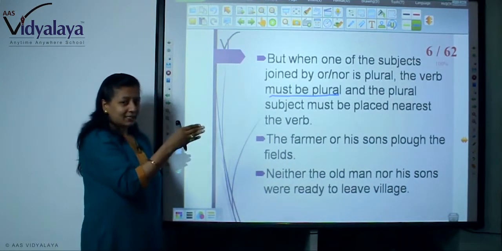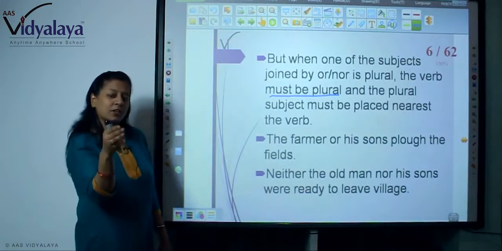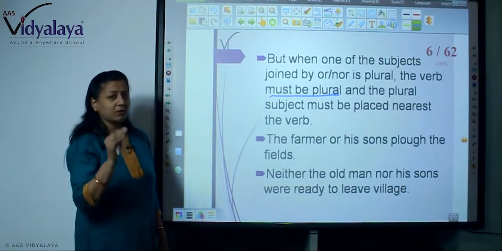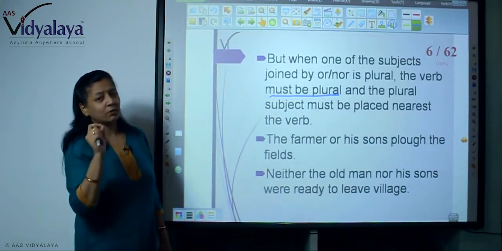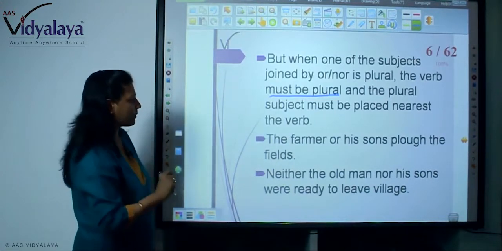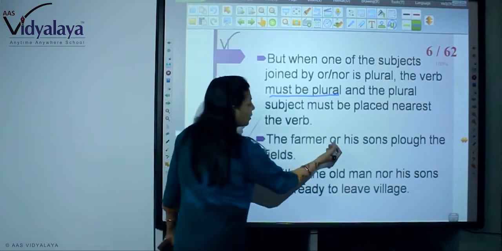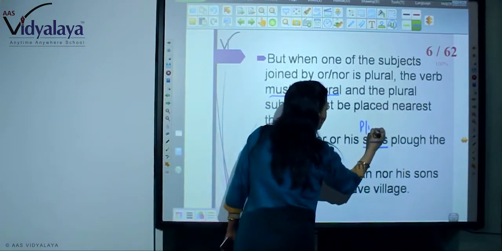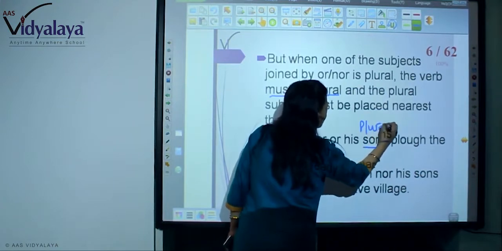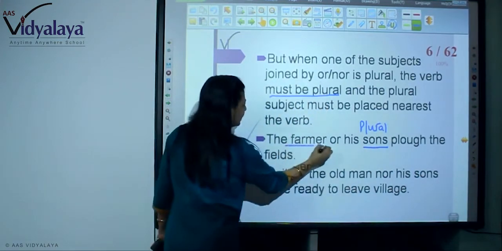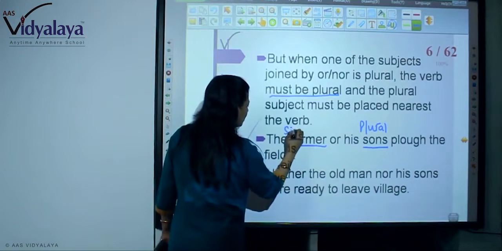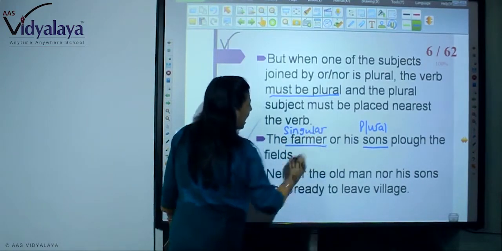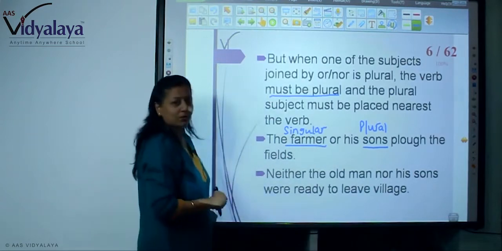That means either or, after or; neither nor, after nor, before the verb, that plural subject will have to be placed. For example, the farmer or his sons, this is plural in number. Farmer is singular and sons are plural.